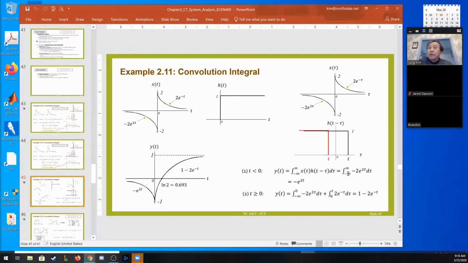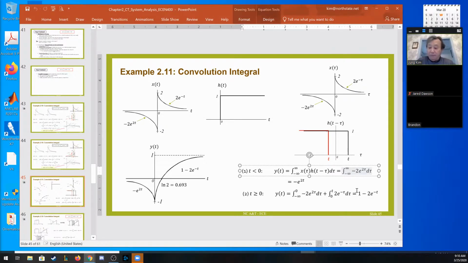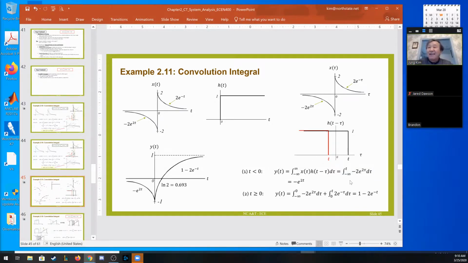So this is 1 times minus 2 e to the 2 tau. In the case of t less than 0, this is 1 times minus 2 e to the 2 tau, and the integration range is minus infinity to, I'm sorry, to t. I made an error here. Okay, so this is t. Okay, so the integration result is this guy here.